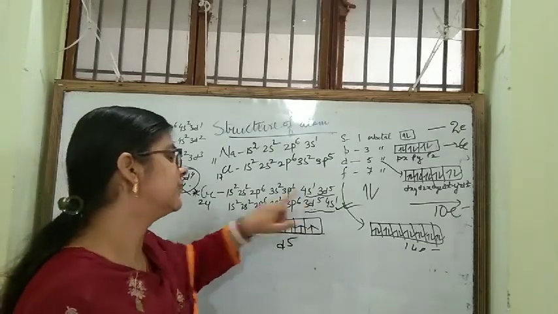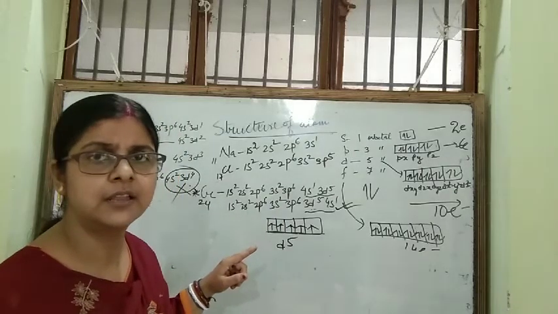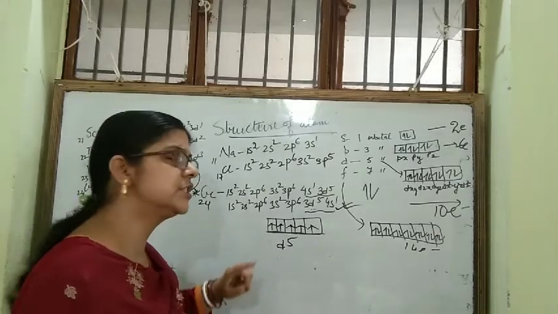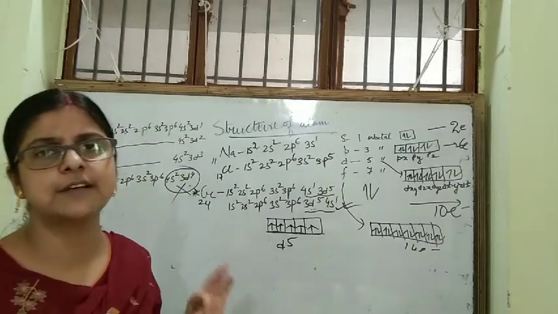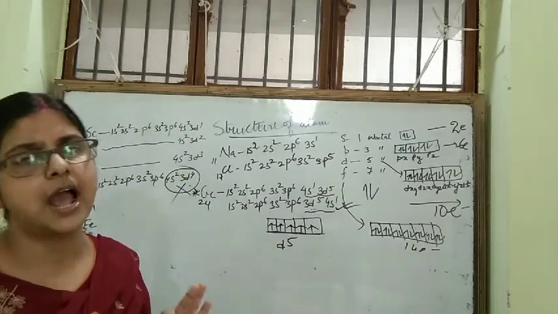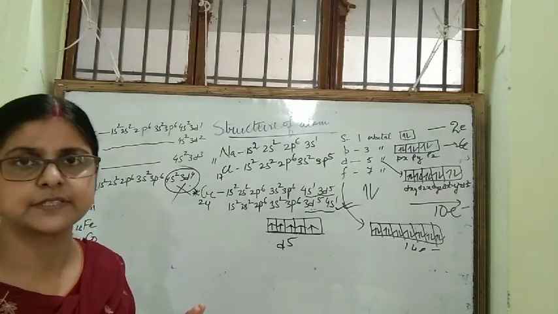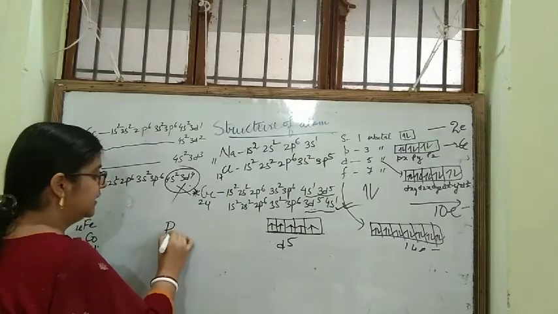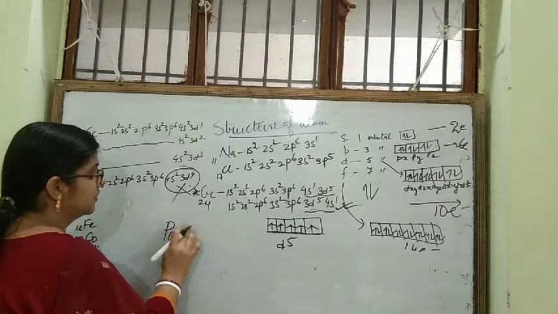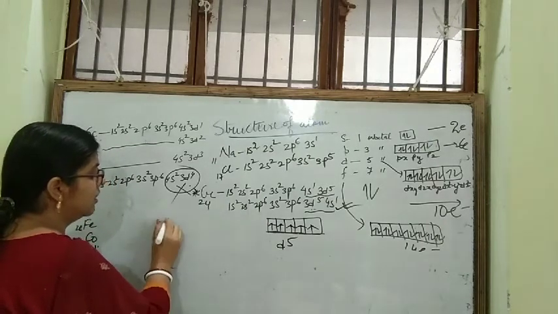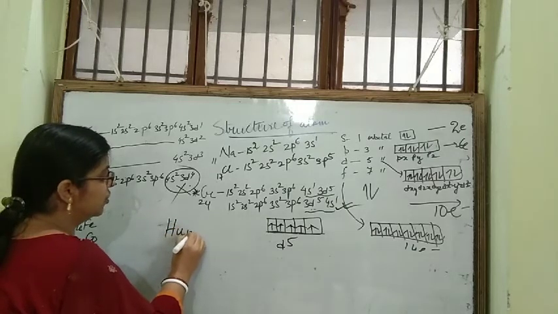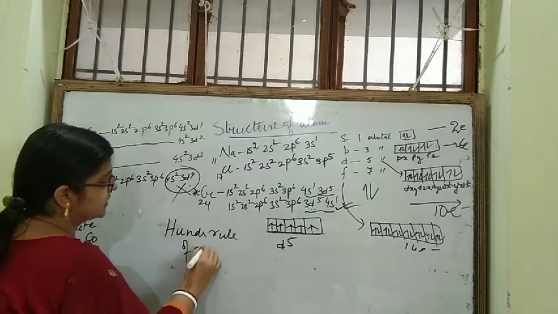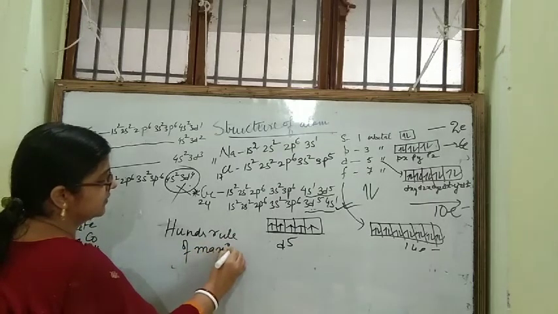So there are 5 electrons in this subcell, and if there are 5 electrons, then firstly each orbital of the subcell will be singly filled, and then pairing will take place. Here also you will be learning another thing, that is Hund's rule of maximum multiplicity.